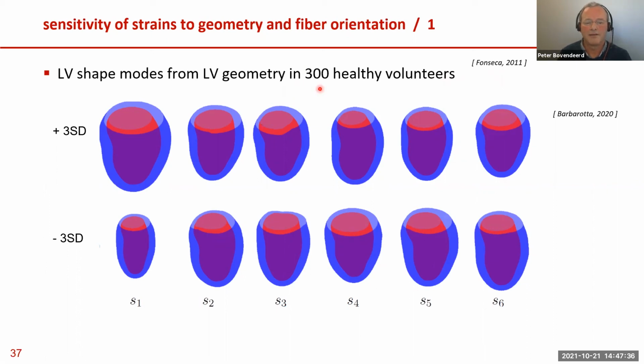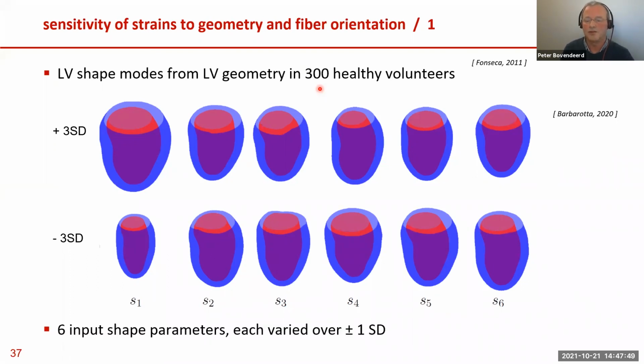They analyzed 300 healthy volunteers. They analyzed the shapes of their hearts, and they summarized their findings in terms of an average geometry and typical shape modes. So these are typically the ways in which individual hearts tend to diverge from the average heart in the population.